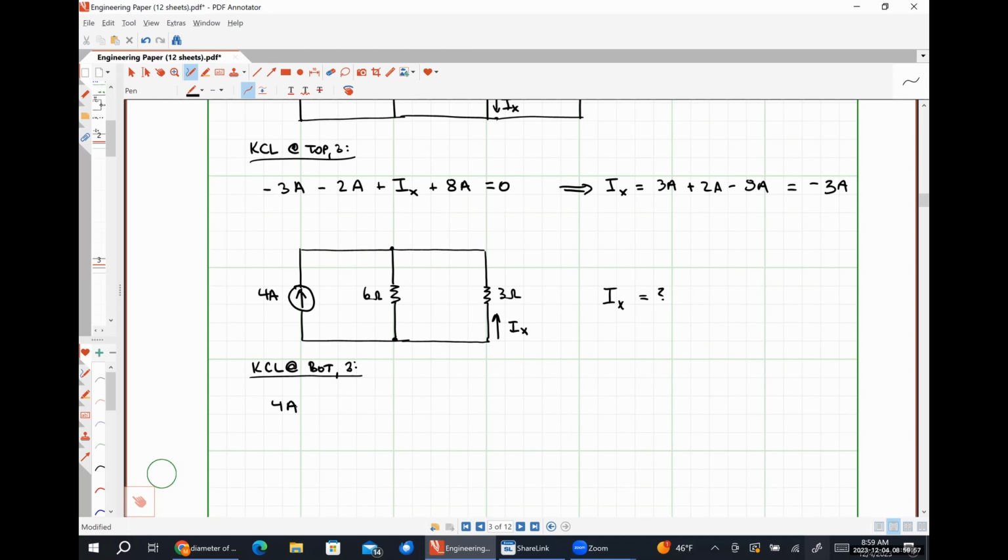Down, okay. I'm going to call this I6. Sorry, because this current is entering the bottom node, it will have a negative sign. My apologies. And then IX is exiting the bottom node, so it's going to have a positive sign.